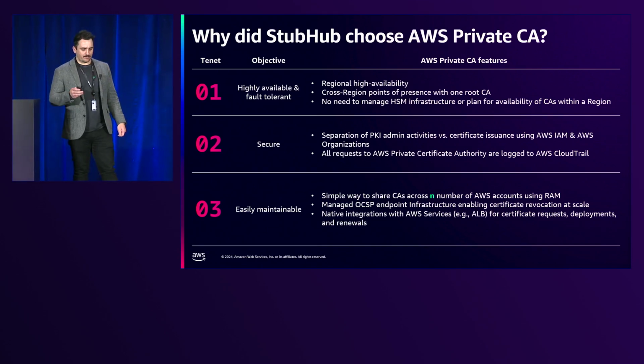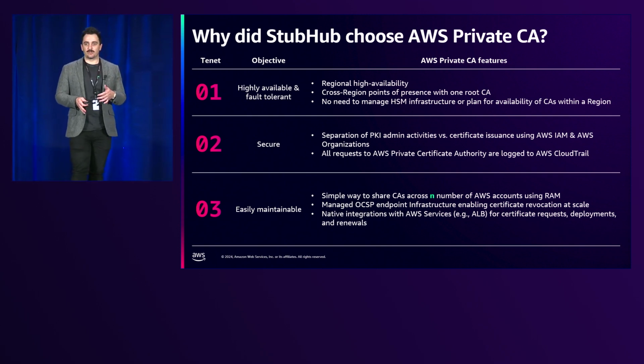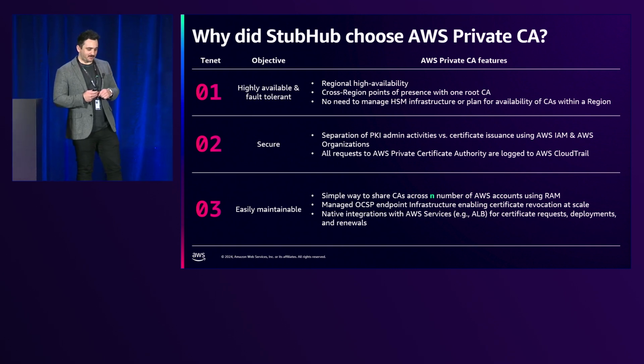Last but not least, with this security section, we wanted to ensure that everything was highly auditable. The good news is that with AWS Private Certificate Authority, all actions, both administrative and operational, are logged into AWS CloudTrail. Considering we were already aggregating all those logs, it was a pretty easy sell on that front.